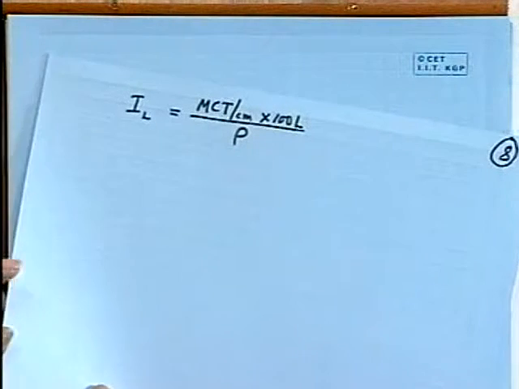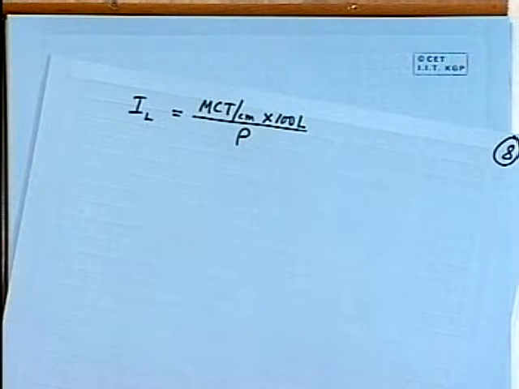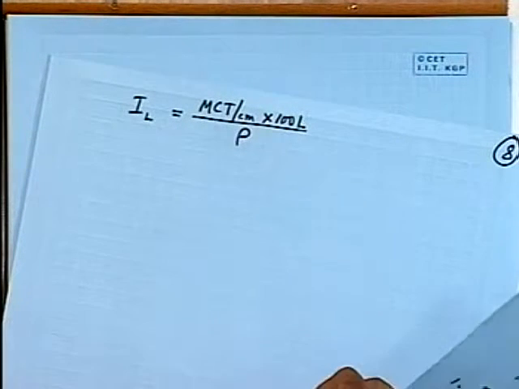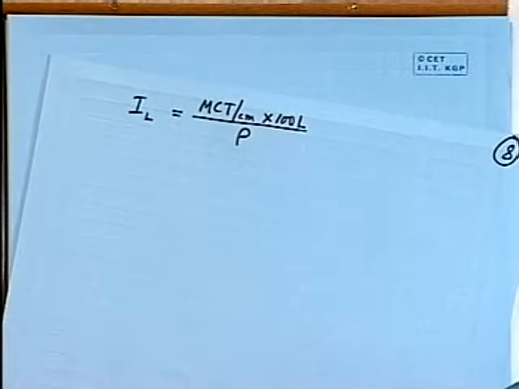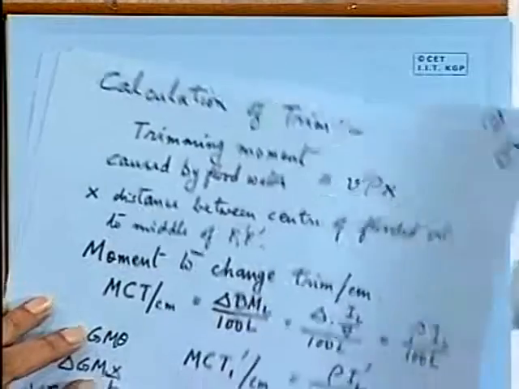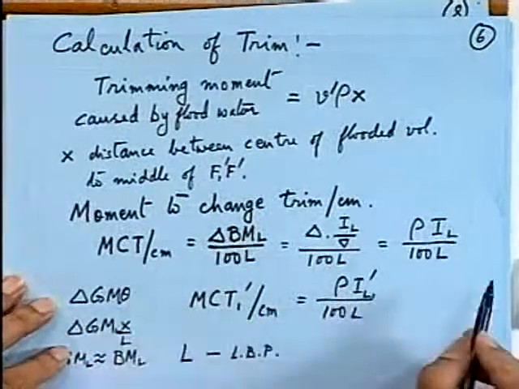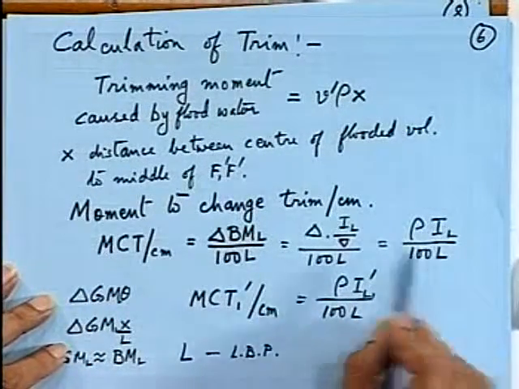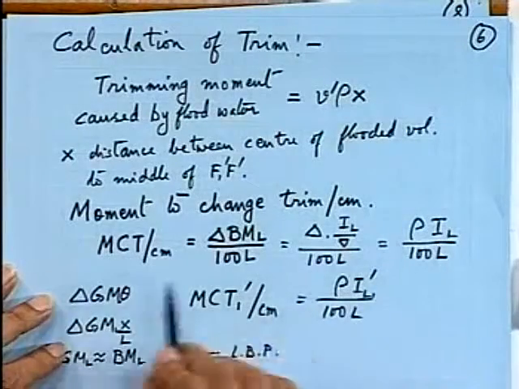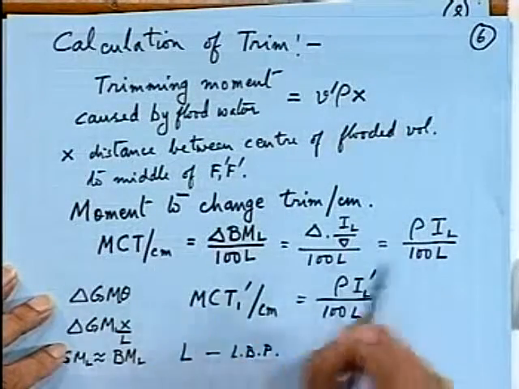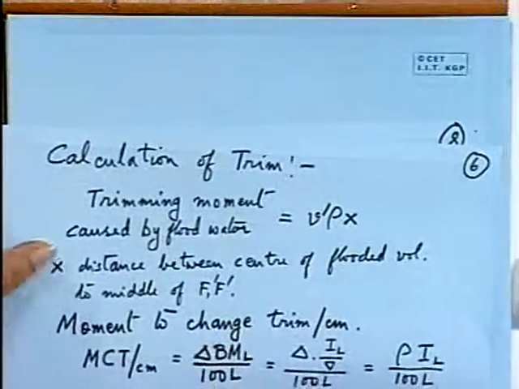This I have already showed you. So from this formula you get IL, equal to MCT per centimeter times 100 L divided by rho.